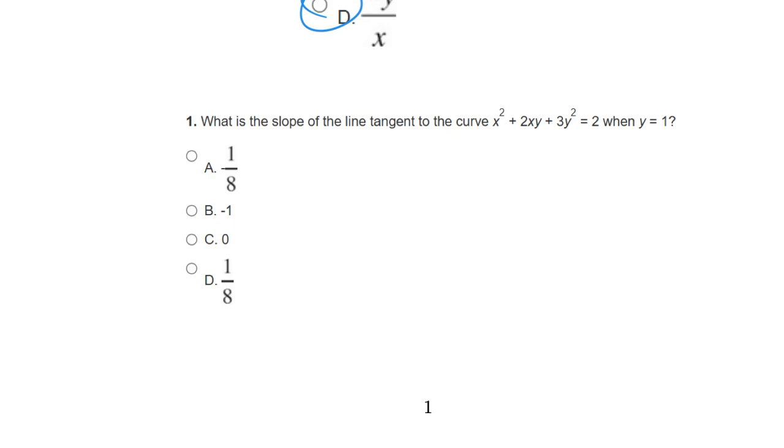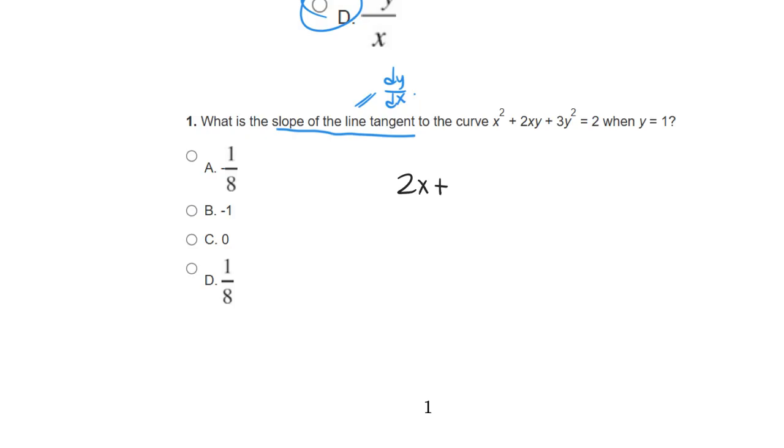Okay, what is the slope of the tangent to the curve of this? Again, slope of the tangent line means dy over dx, the derivative of y with respect to x, right? So when y equals 1, we're given a specific moment. Again, you do implicit differentiation.